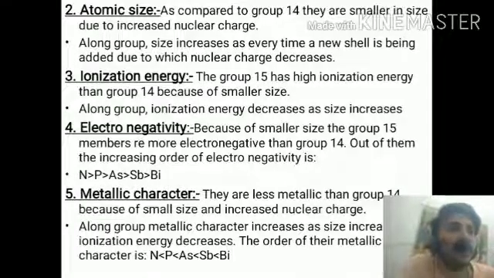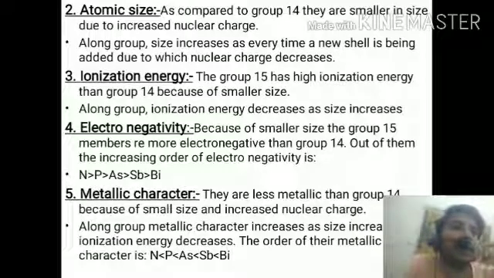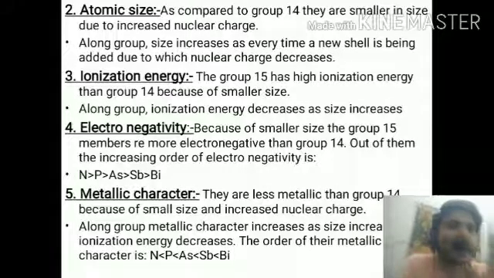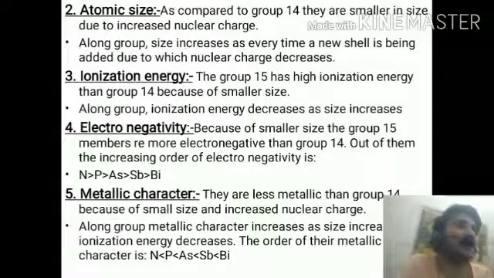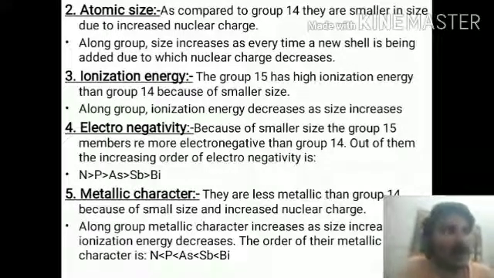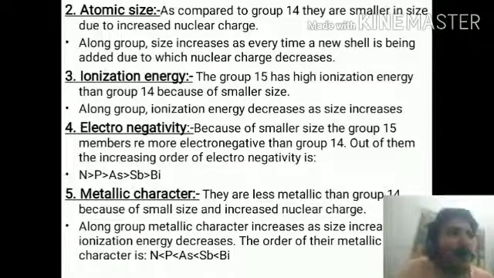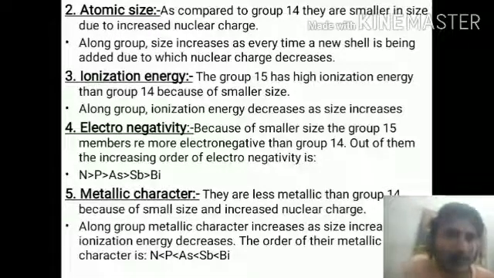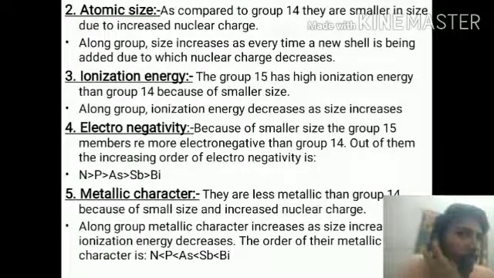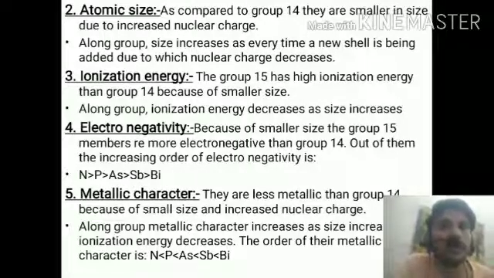A large element has a low attraction force between the nucleus and the outermost shell electron. That's why the value of the ionization energy is very low. So we can say that when you move from top to bottom in the nitrogen family, ionization energy decreases because size increases.